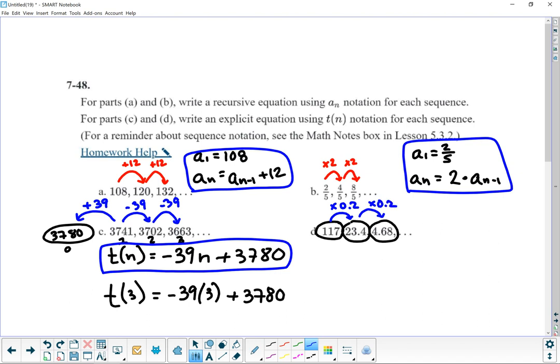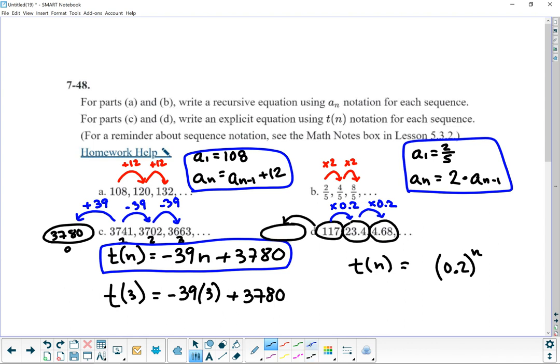That's my pattern. So my equation is going to be T of n, and repeated multiplication of 0.2 is actually going to be 0.2 to the n power, because repeated multiplication is actually an exponent. And then to do the same thing as the last one, I need to figure out what's my zero term.